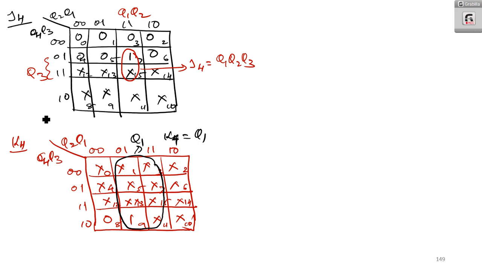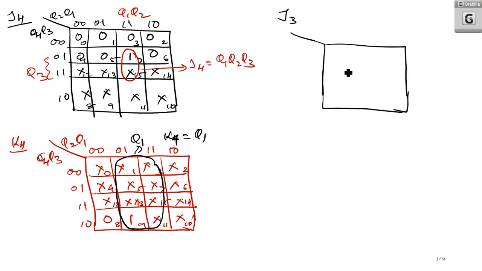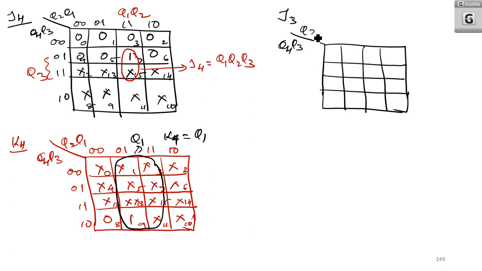Now K4 is done. Now I am going to find J3 and K3. To find the expression of J3, I am drawing a 4 variable K-map, with Q4, Q3, Q2, Q1 and the codes 0, 0, 0, 1, 1, 1, 1, 0.